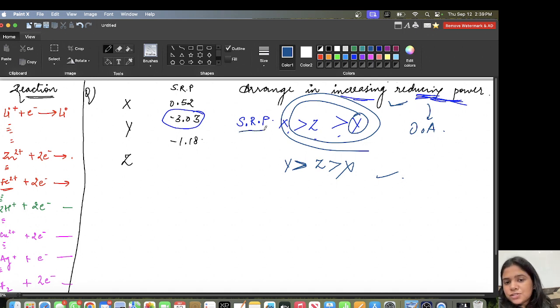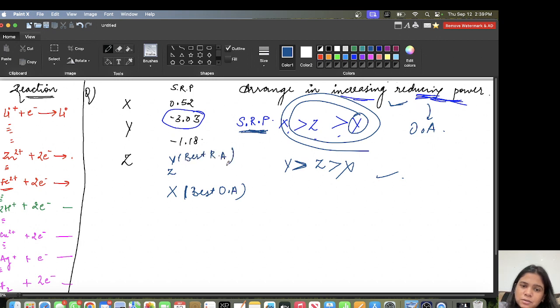First, just arrange in order of standard reduction potential. What did you get? X is the highest, Z is here and Y is here. Which means this one will be your best oxidizing agent, and here it will be the best reducing agent.